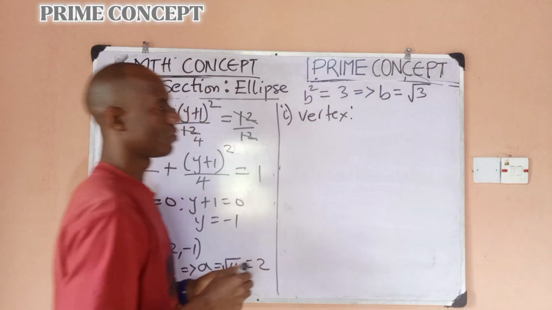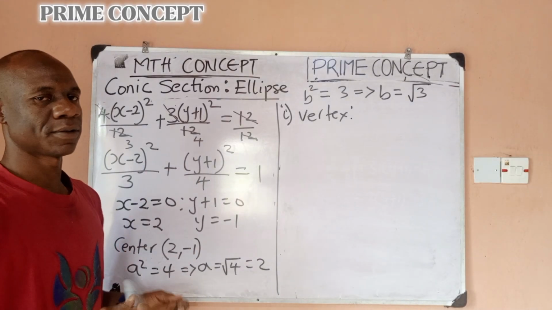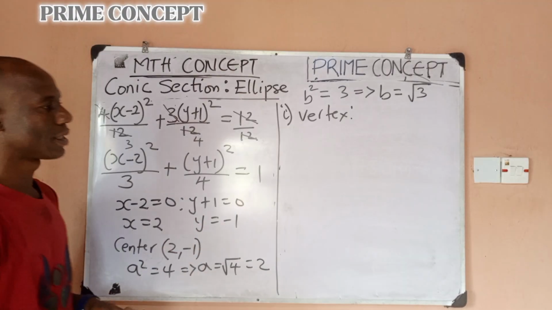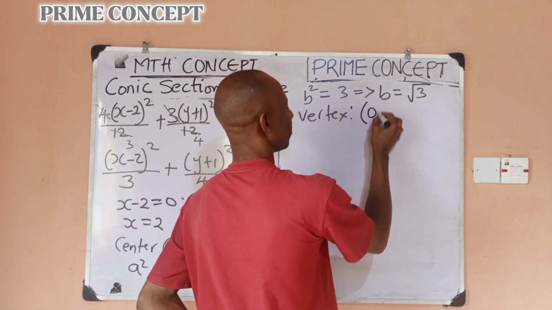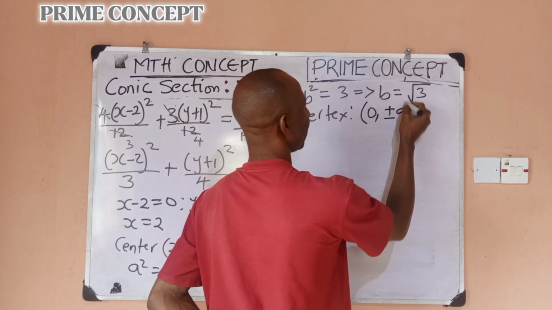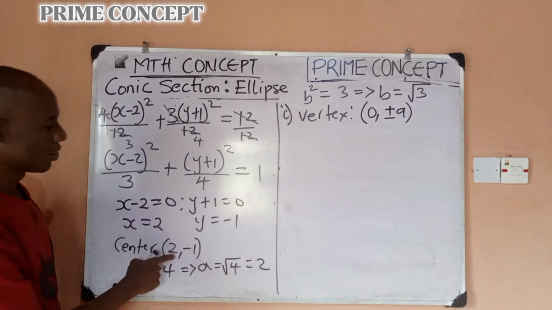Now, please take note of the fact that our ellipse does not lie on the origin. So it deviates from that by a value given by the center. So our vertex, rather than being 0 on the x and then plus or minus a on the y, is going to shift by the values of the center.